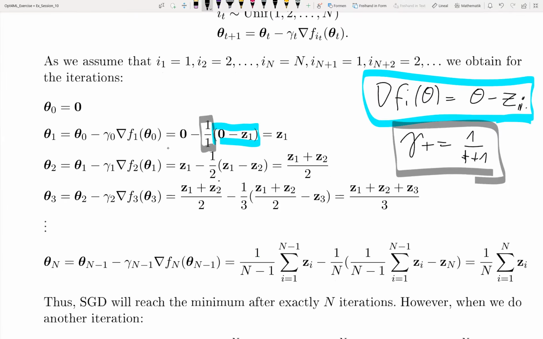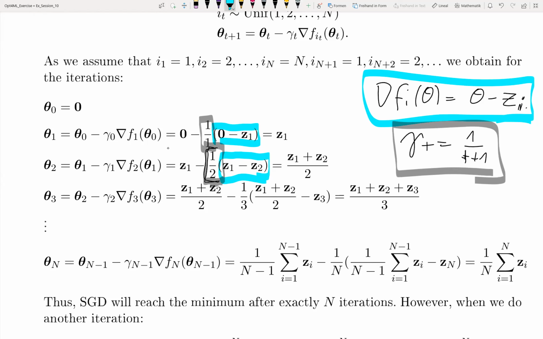Next round, we go from theta_1, which is z_1, into the direction of the stochastic gradient descent with step size 1/2, because now we are one iteration further. We plug in our stochastic gradient, evaluated at the current position, which is z_1, theta_1 is z_1, and subtract from that the corresponding z component, which is z_2.